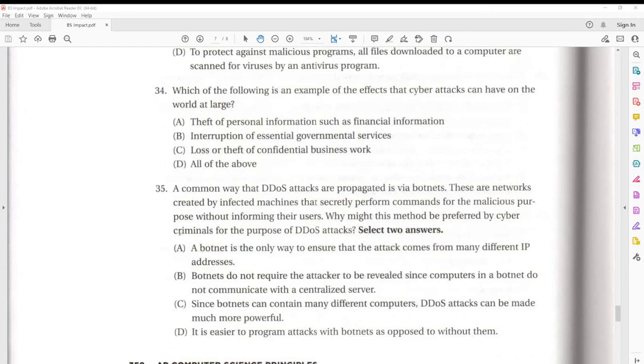So botnet, okay, a botnet issues attacks from different IP addresses. No, it is not. So a botnet does not require the attack to be revealed. Yes, B. And since a botnet contains many different computers, it is more powerful. Yes. So 35 is B and C.